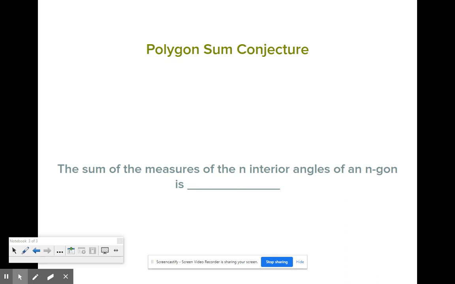It says if you want to find the interior angle measures of any polygon, n is just what they use for sides. So if we were trying to find a 6-sided hexagon, then we'd have 6 there, the 6 interior angles of a hexagon. We have a formula to help us with that: 180 times n minus 2.